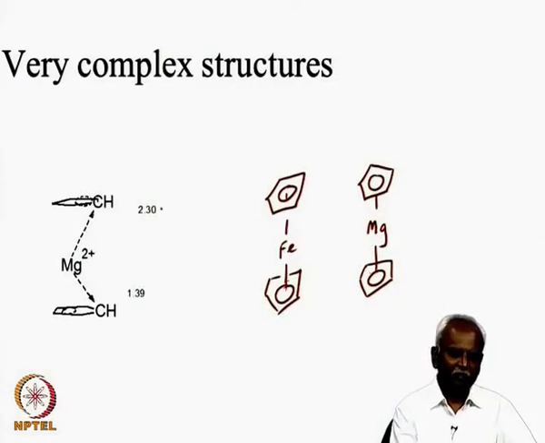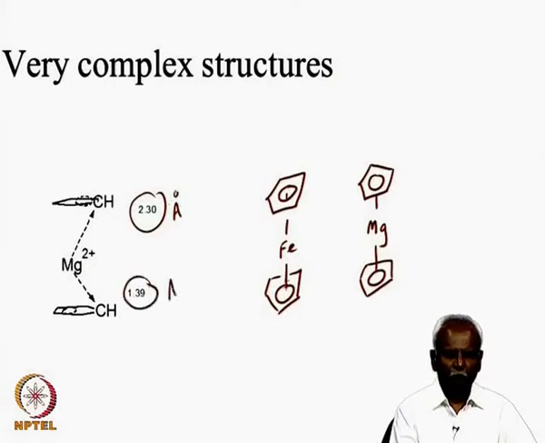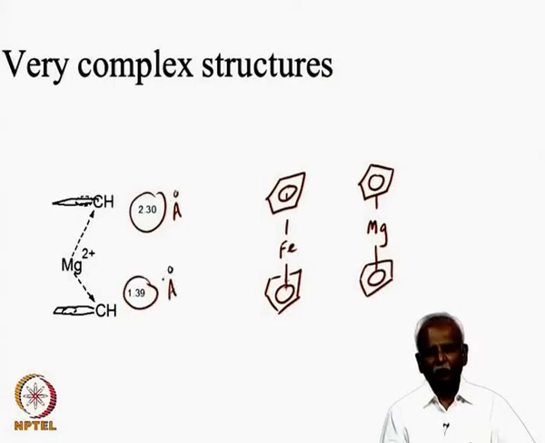On one side, the ring has a long metal-carbon bond, about 2.3 angstroms, and on the other side, it is only 1.39 angstroms. In this case also the bonding needs a little more explanation, but these structures are more fluxional, and so they have these unsymmetrical distances only in the solid state. In solution, they would equilibrate to have a more symmetrical structure, as I have pictured here.